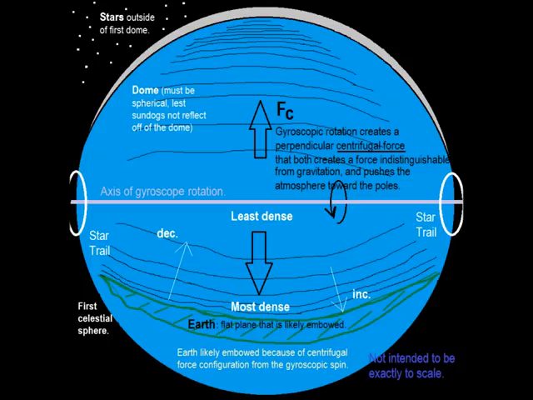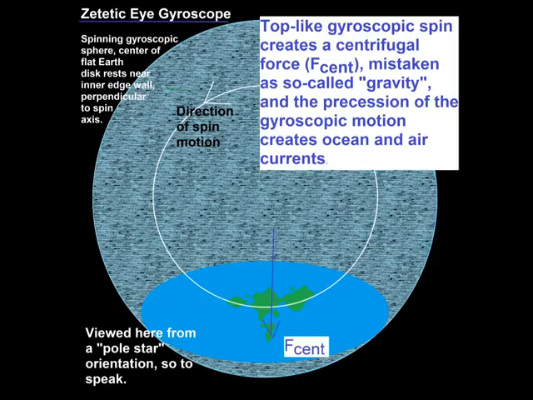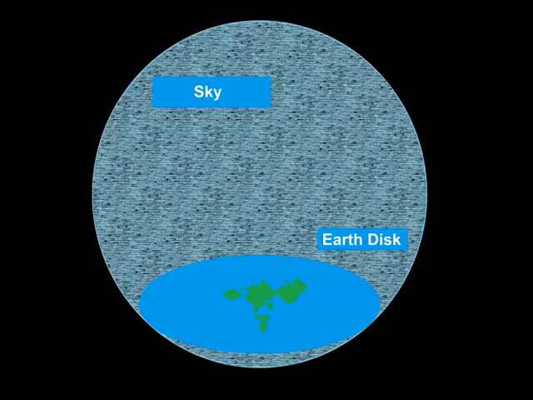I will sum up the Zetetic Eye Gyroscope model in a few sentences here, and then we will go into it in great detail before the empirical evidence for it is presented later in the documentary. Most simply put, the Zetetic Eye Gyroscope involves the idea that the Earth system is analogous to a small dinner plate resting inside of a basketball or a beach ball.